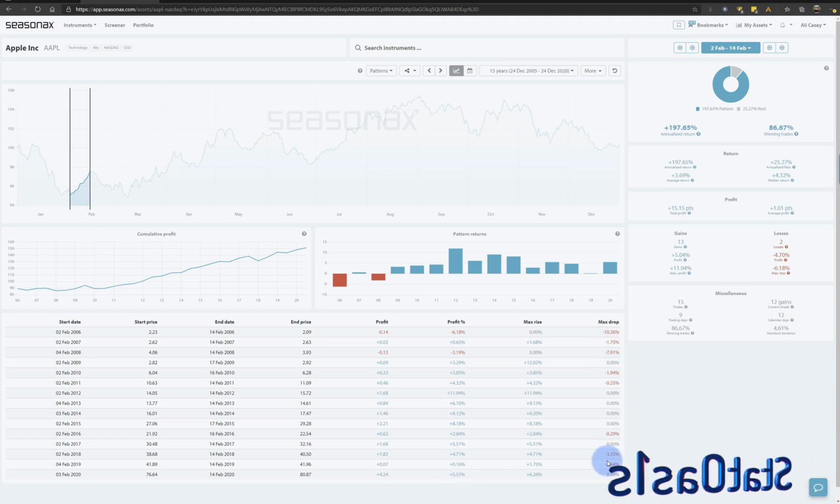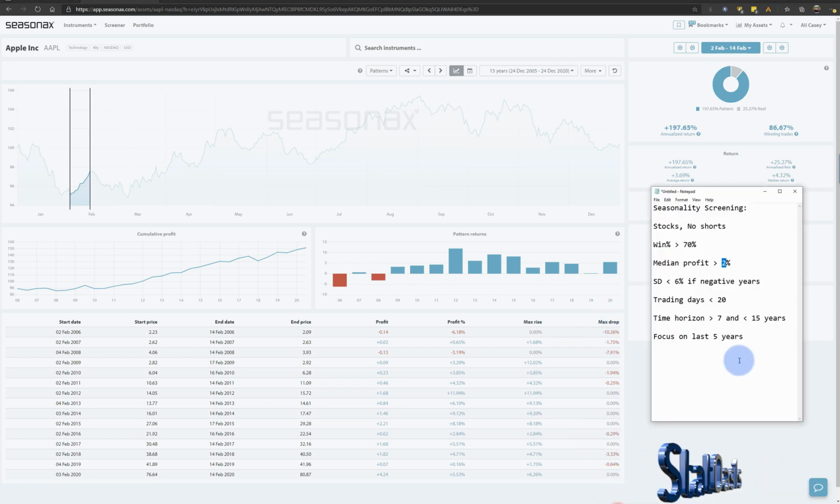The drawdown against me, the maximum drop, is the maximum adverse excursion, MAE, and we will do a lot of analysis on this figure. So this is very important, and actually we should add it here: less MAE.